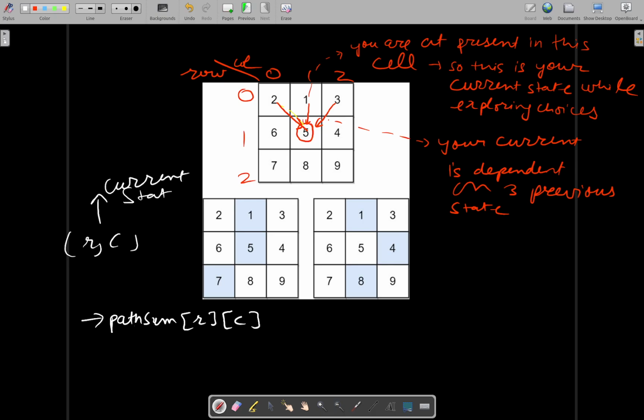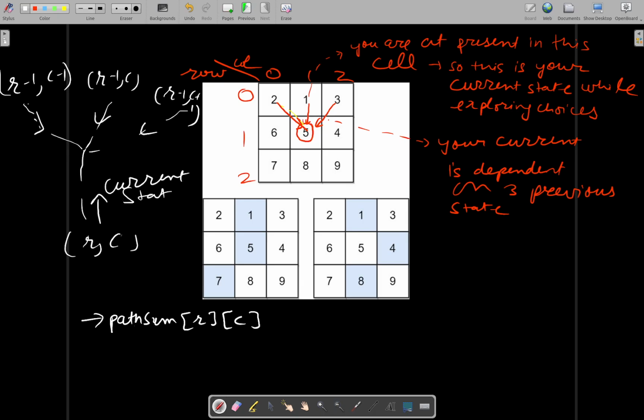So what could have been your previous three states? It could have been r minus 1 c minus 1, r minus 1 c, or r minus 1 c plus 1. These previous three states could have led us to our present state.